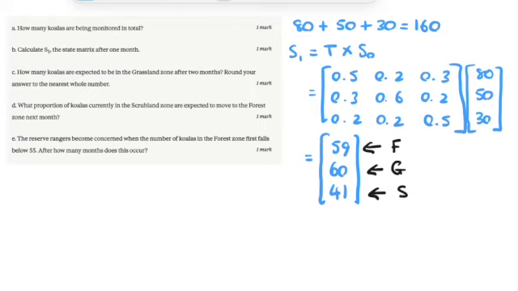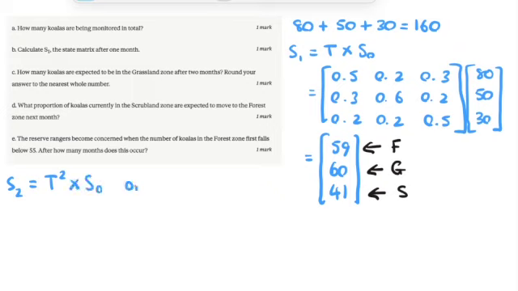Okay, part C. How many koalas are expected to be in the grassland zone after 2 months? And we're going to round our answer to the nearest whole number. Well, in that instance, S2 will equal T squared times S naught.